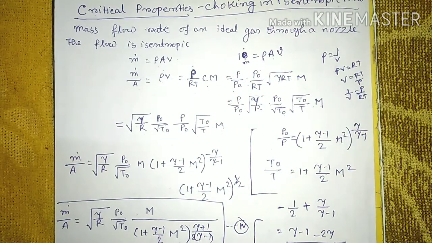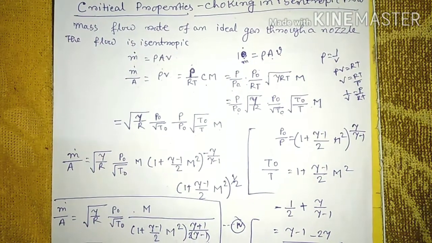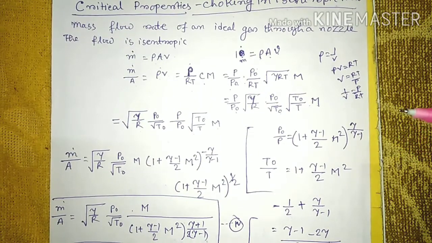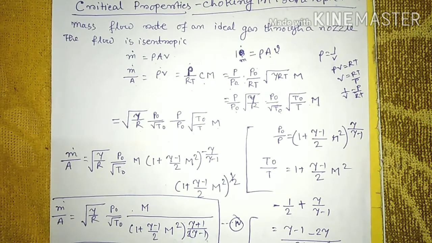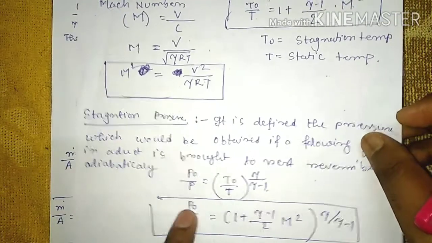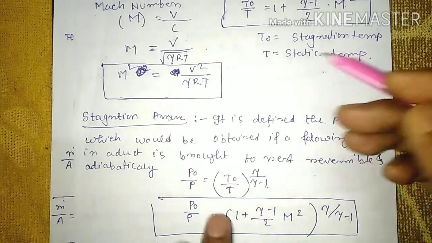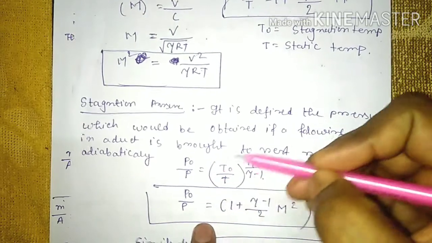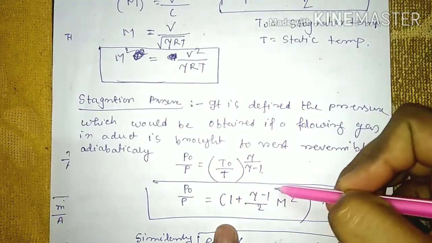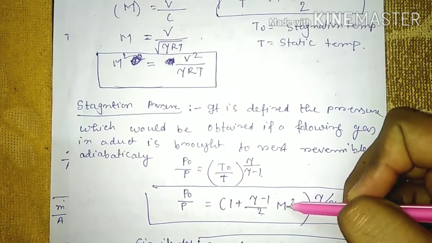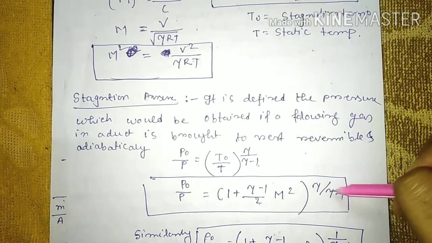Now, as you know, the relationship between pressure and Mach number for stagnation properties: when we discussed the stagnation state, we already proved that P0 by P is equal to (1 plus (gamma minus 1) by 2 into M squared) to the power gamma divided by gamma minus 1.